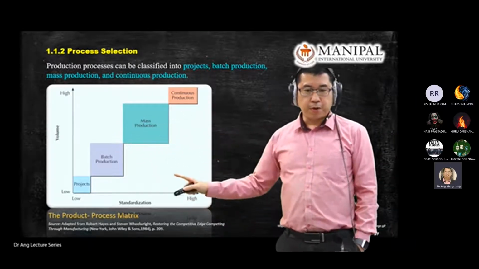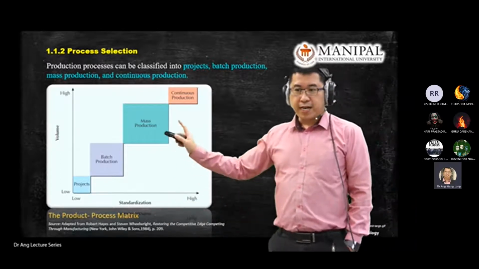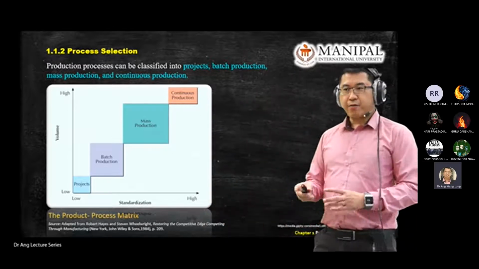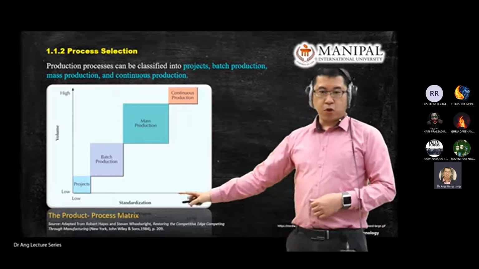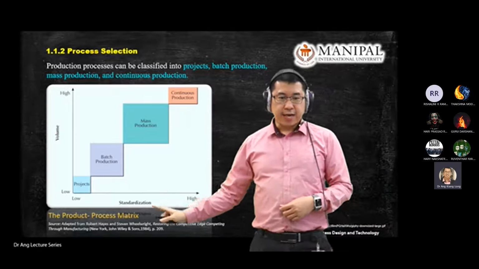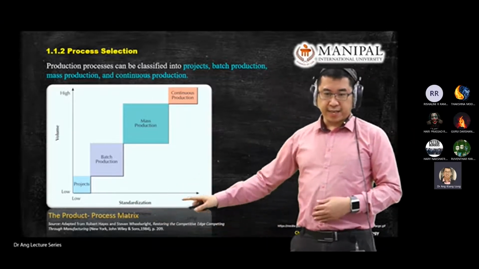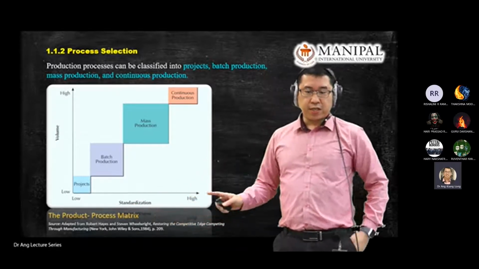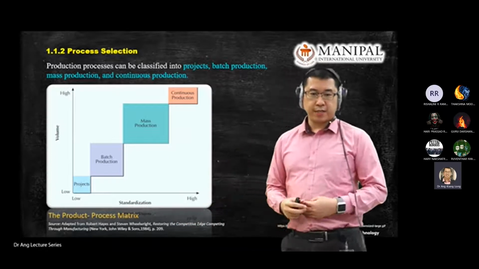So how do you plot the product process matrix? On the left hand side is volume, meaning the product volume. Volume means the number that you produce, from low to high on the y-axis. The x-axis, also from low to high, is standardization. What I mean by standardization is that you have a different set of rules to control the process.